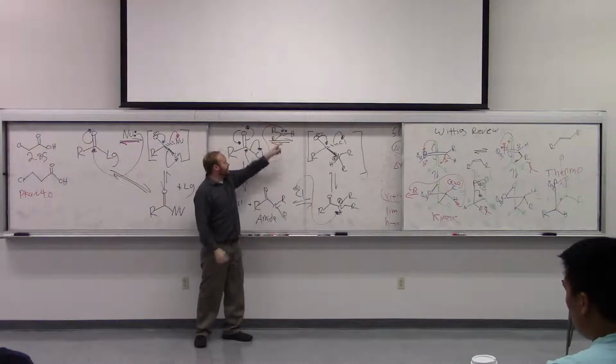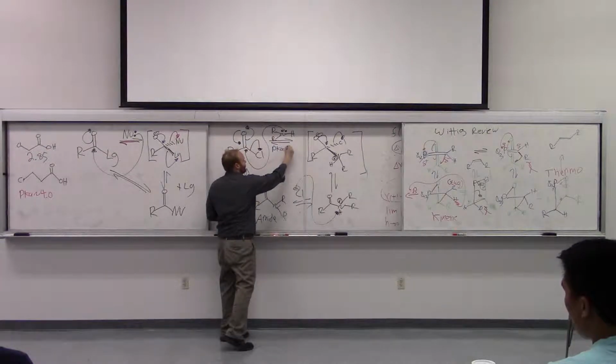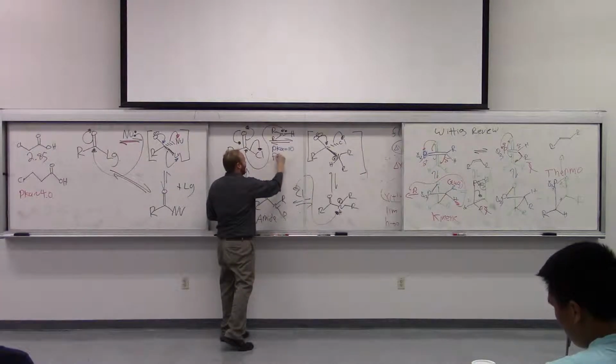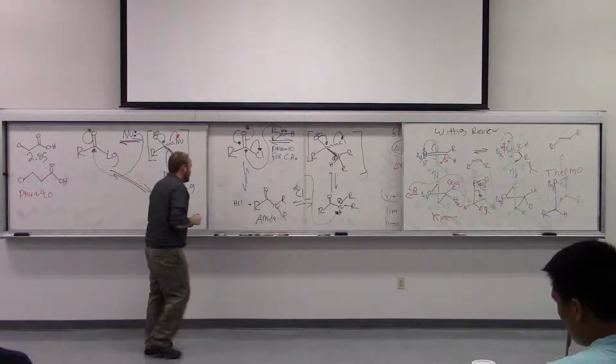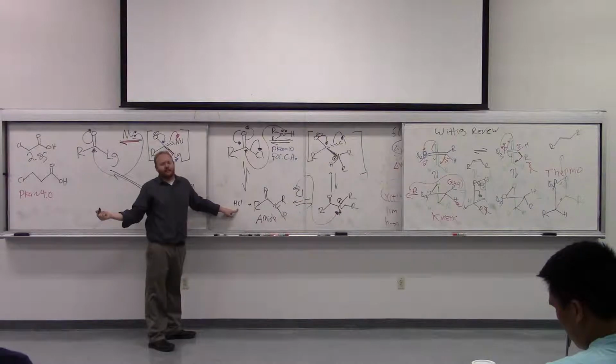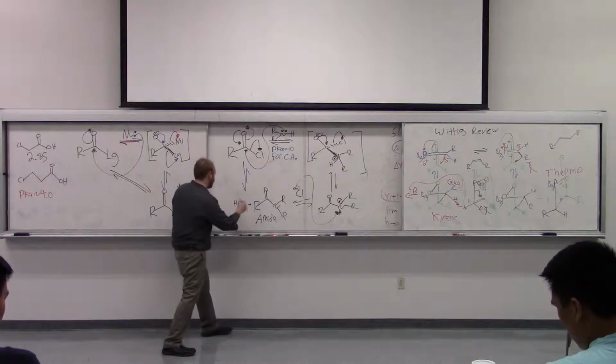So the conjugate acid of this is a pKa of 10. And then the HCl is the conjugate acid, but HCl is a pKa of 0.